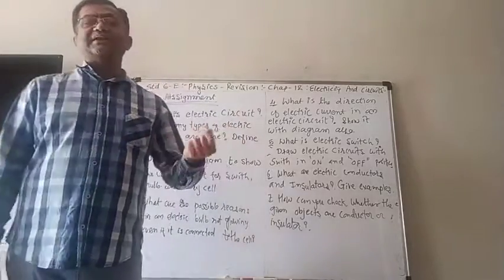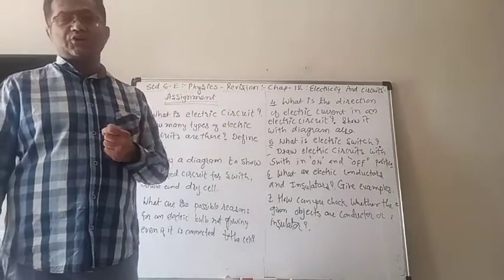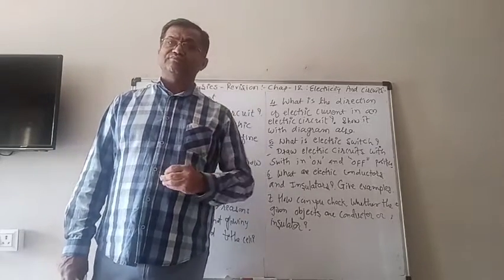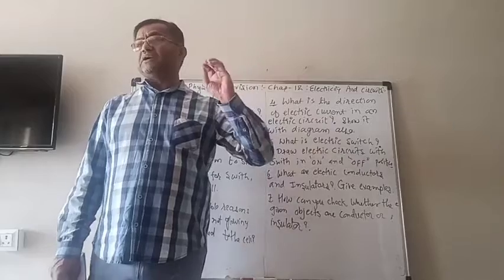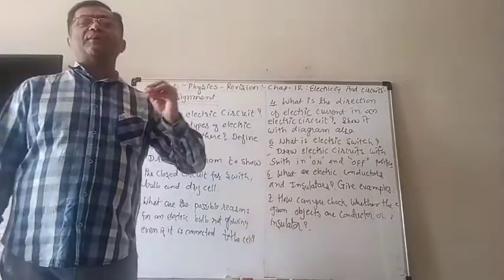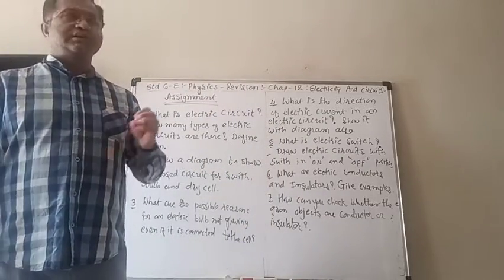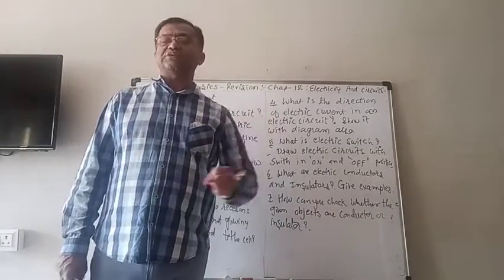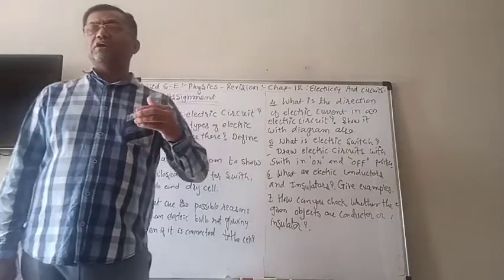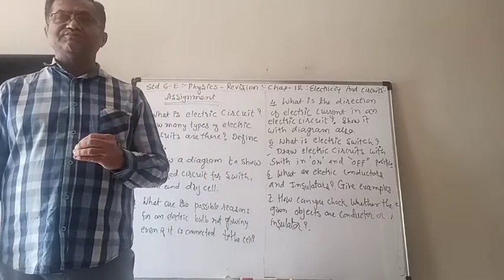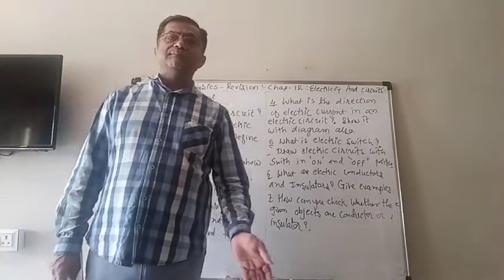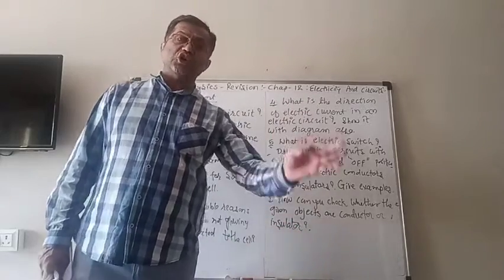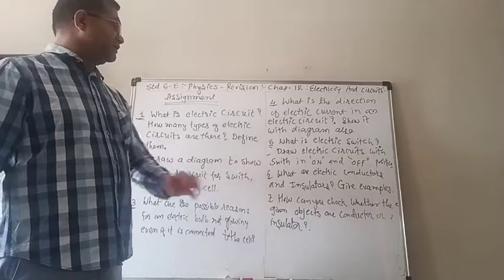But for any reason, if that filament is broken, it means the bulb is fused. Then no matter if all the connections are properly joined, the bulb will not glow. In all these situations, the bulb cannot glow even if it is joined with the cell.